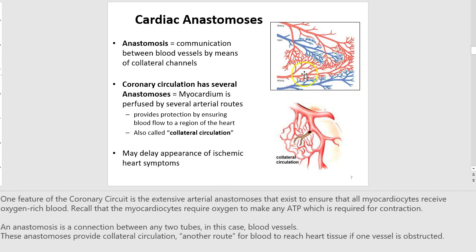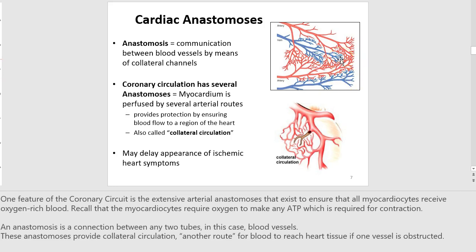Notice that you've got one coronary artery coming on the bottom here, then you've got another coronary artery in the top, and see how these arteries merge together. So both the posterior and the anterior coronary artery can supply the same part of the heart muscle. That's called an anastomosis. Communication between any two tubes really is an anastomosis.